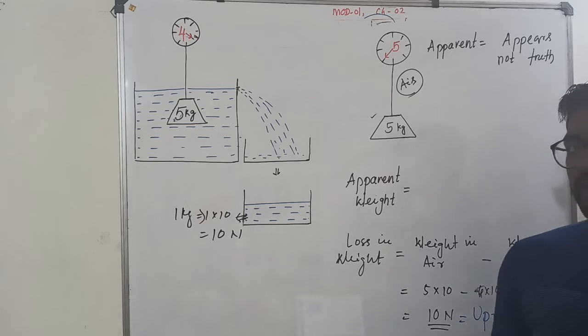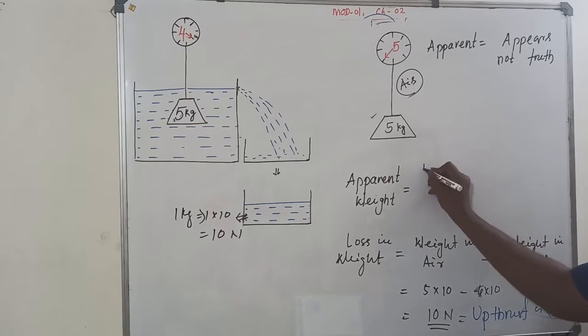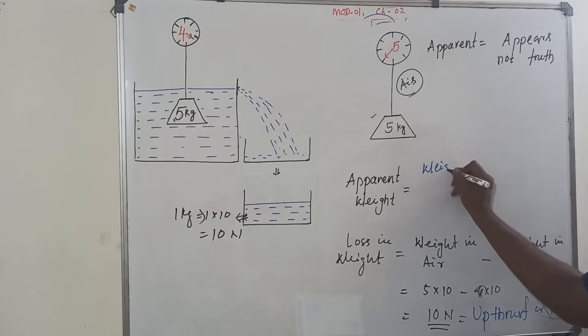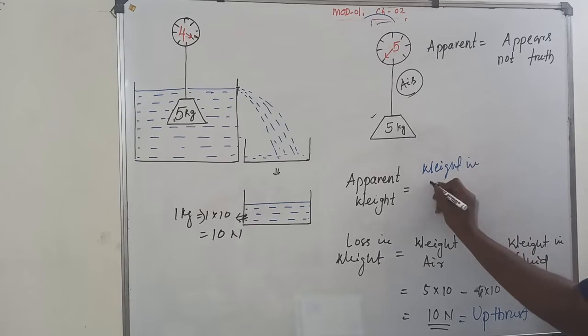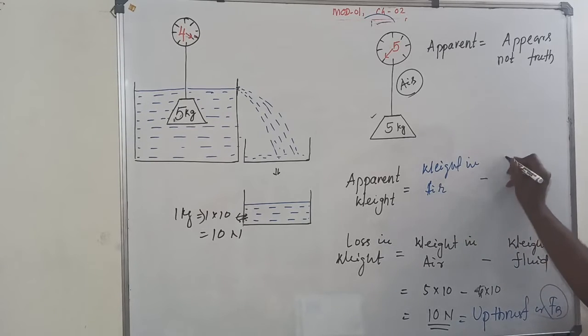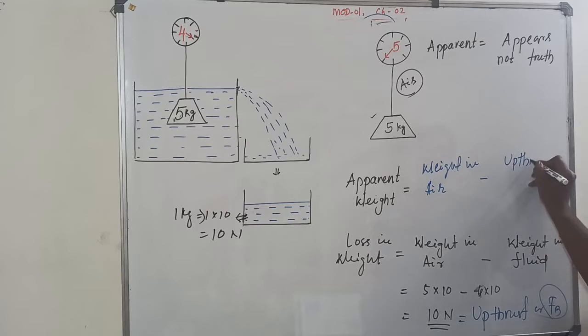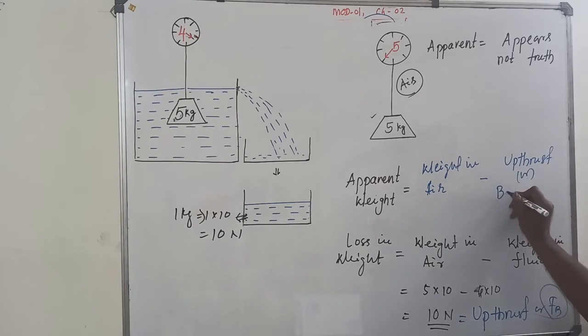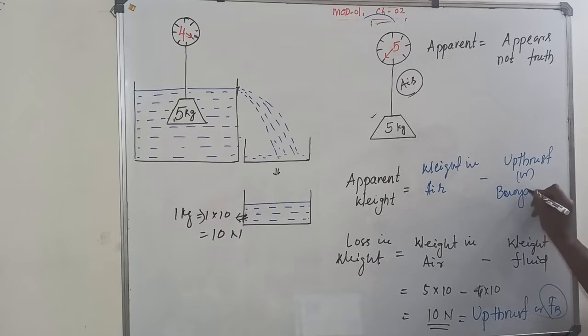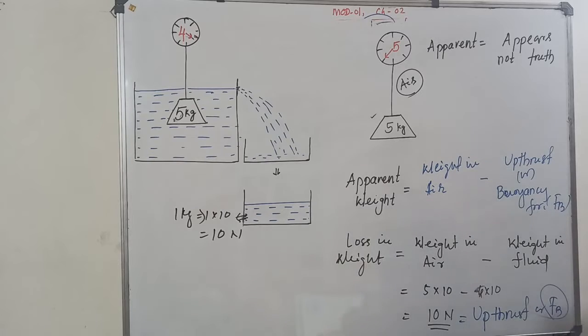So what will be your apparent weight? Sir, apparent weight is going to be your weight in air minus the upthrust. Upthrust is also known as buoyancy force, that is your FB. So how much is your apparent weight?